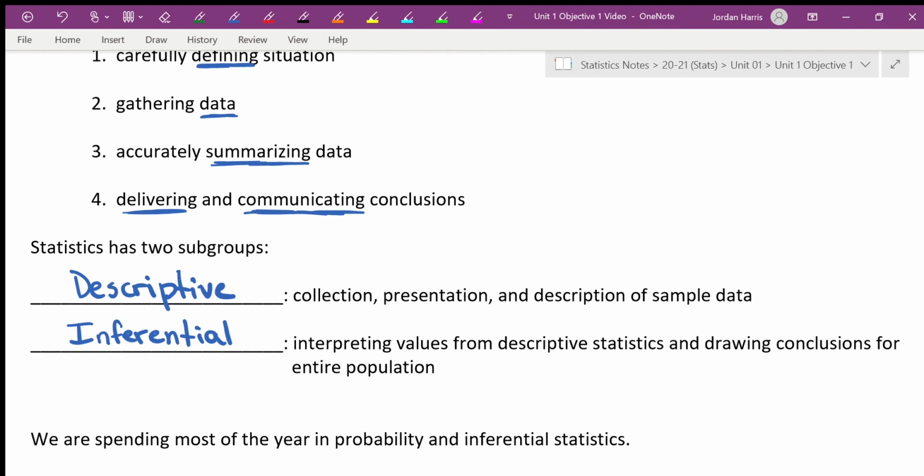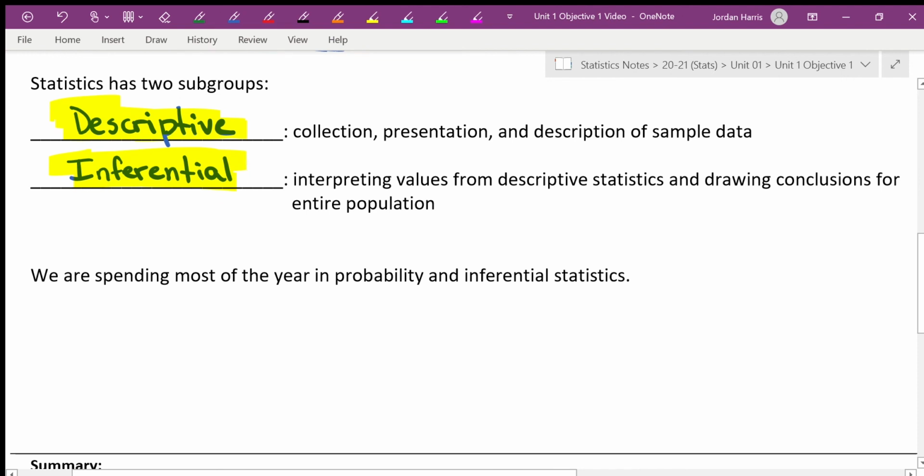If they're trying to trade for a player, in whatever sport we're talking about, they're going to look at the data that happened before and look, will this player be good for our team in the future? That'd be the inferential part. So that's two more. I'll highlight these. Two more things you need to know: descriptive statistics and inferential statistics.